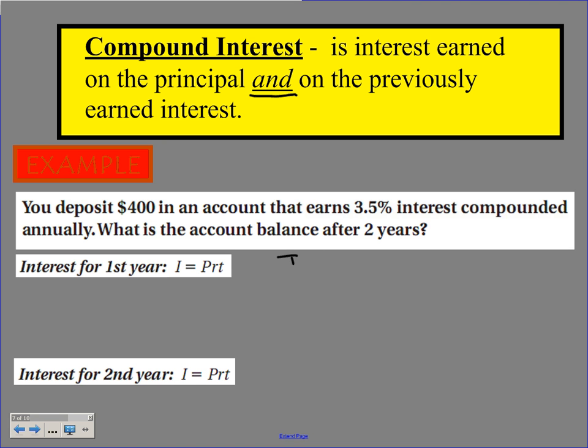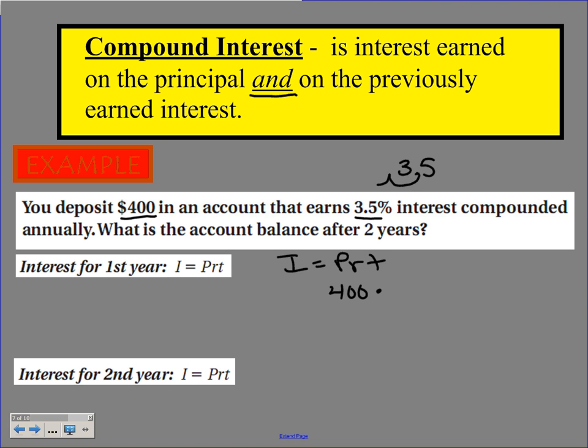Using the formula I equals PRT, we deposit $400 into an account that earns 3.5% interest compounded annually. What is the account balance after 2 years? We basically have to figure simple interest 2 times. Our principal is $400, so we multiply 400 times our rate, 3.5%.